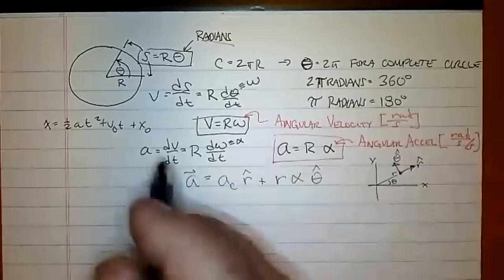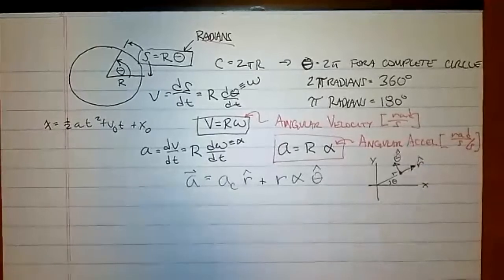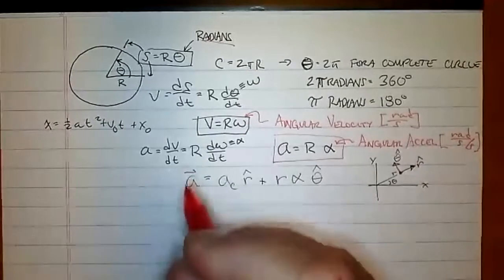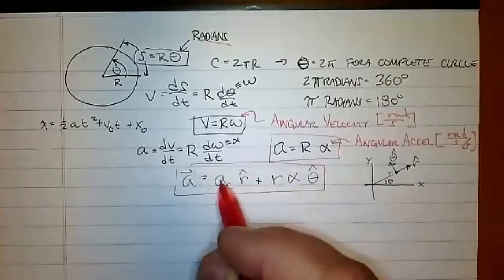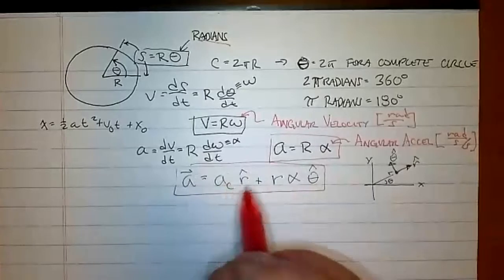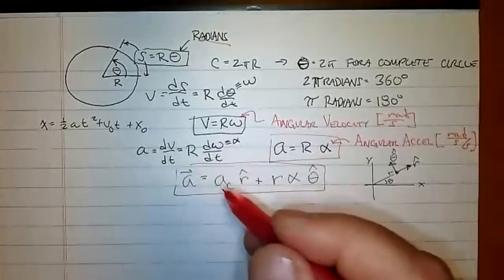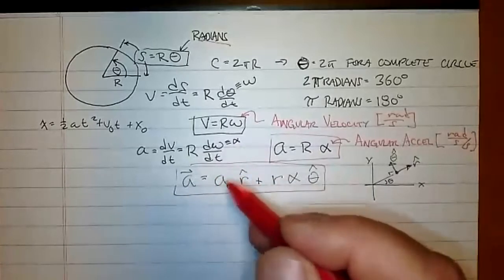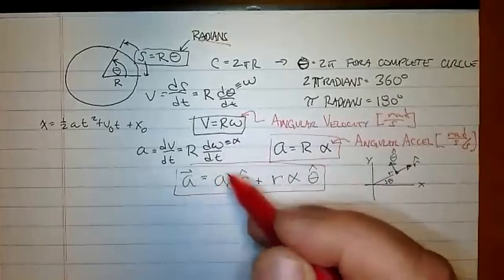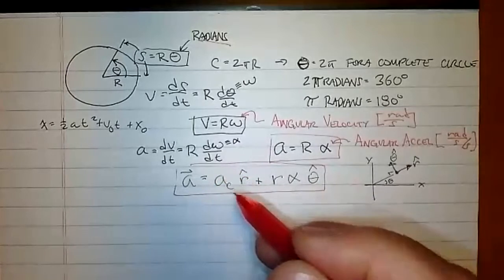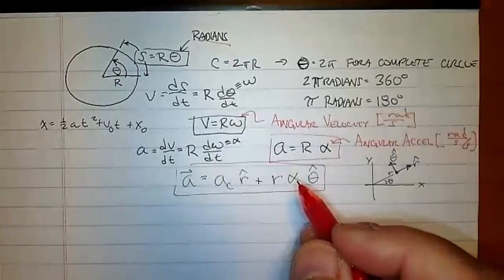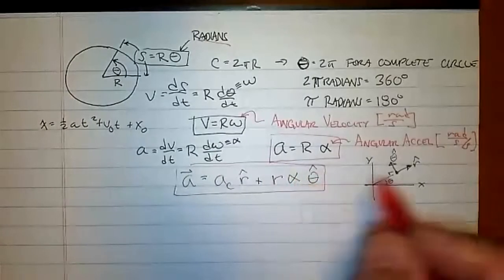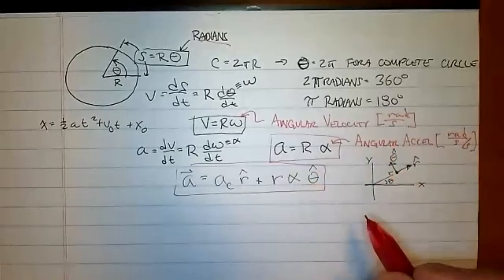So that's just to keep in mind that, hey, there's other ways you can accelerate, but it's usually obvious what you're talking about by the given problem. So just remember, at the end of the day, there's multiple types of acceleration. You can accelerate by turning your steering wheel in towards the center of the circle or out towards the edge of the circle. And you can also accelerate by hitting your accelerator or hitting your brake. Both of those would result in a change in the theta direction. Does that make sense?